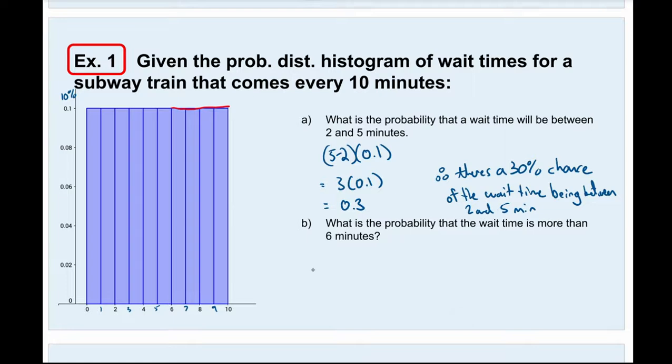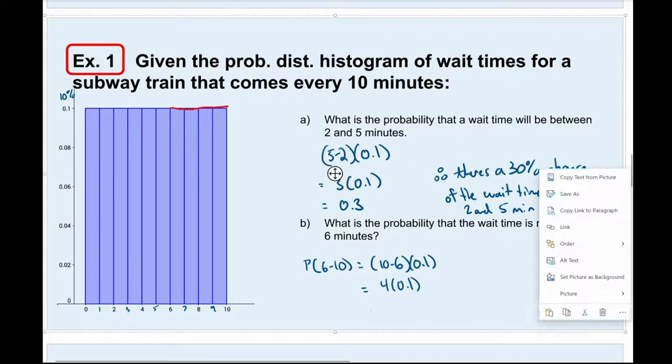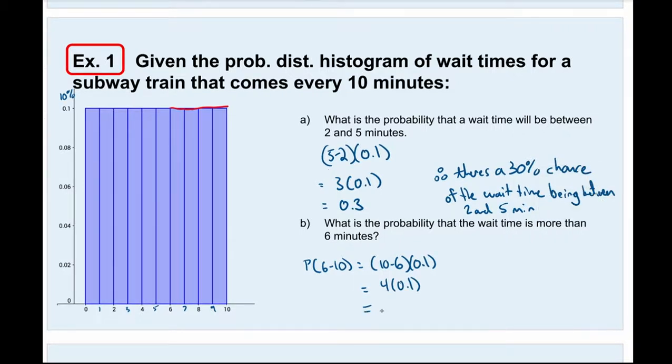So here our area, or our probability of 6 to 10 minutes, is going to equal the base, so 10 minus 6, times the height, which is the probability, so 4 times 0.1, which equals 0.4, or 40%. So there's a 40% chance that our wait time is greater than 6 minutes.